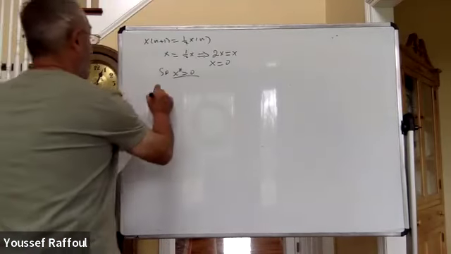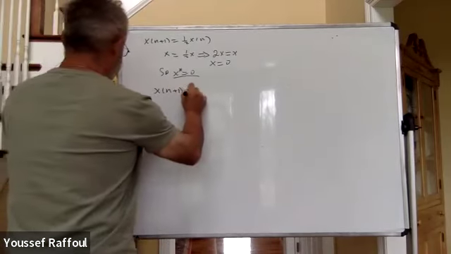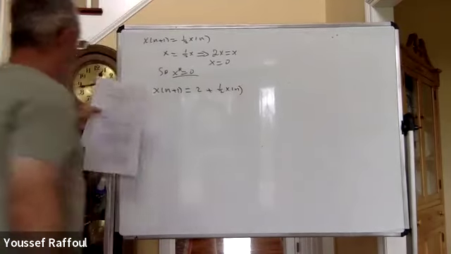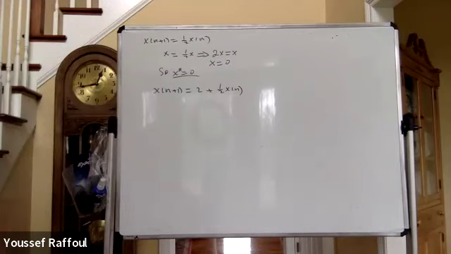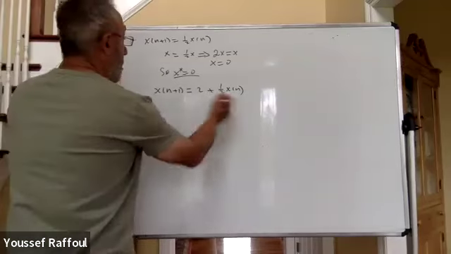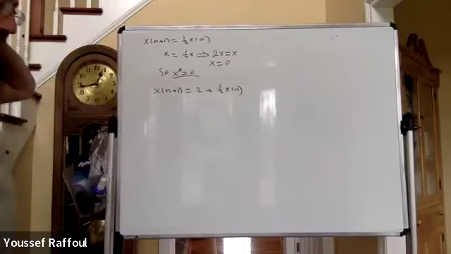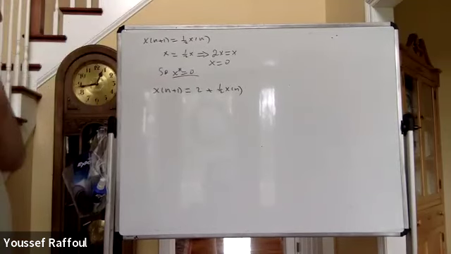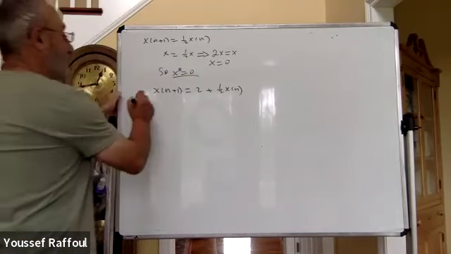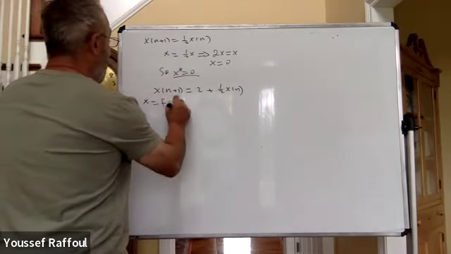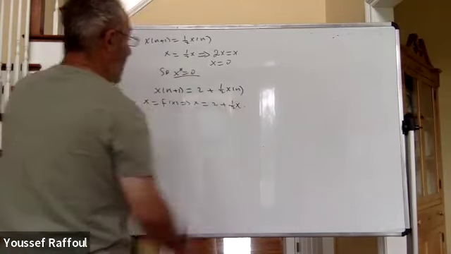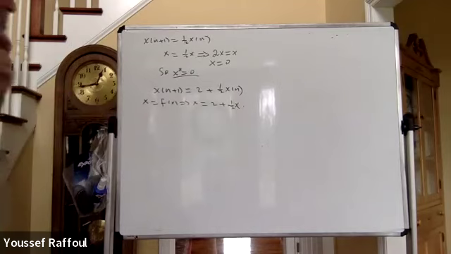What about if x(n+1) equals 2 plus 1/2 x(n)? So let's say we want to find the constant solution, equilibrium solution, or fixed point. So we have x equal f of x implies x equal 2 plus 1/2 x, correct?